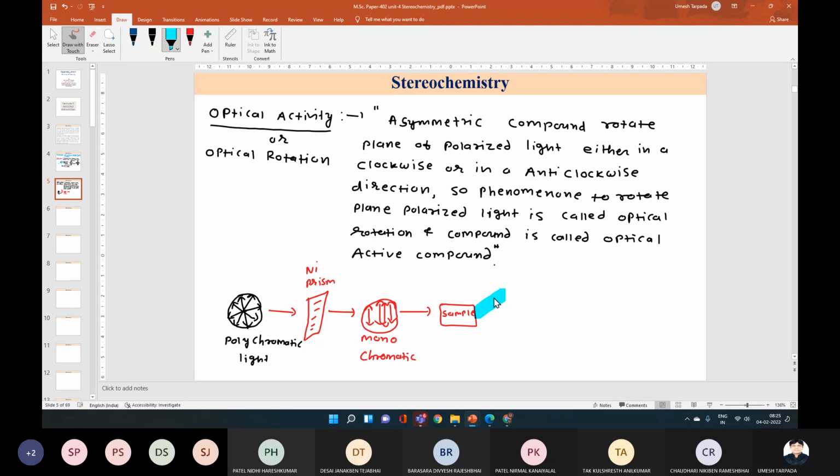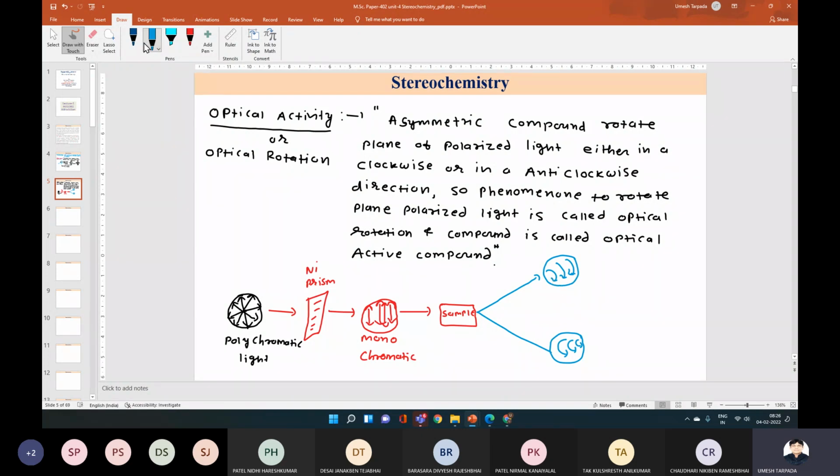So you can have rotation of this light either in a clockwise direction or in an anti-clockwise direction. This is called optical rotation.